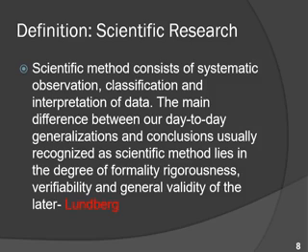If we go by the definition of scientific research, you will find that the scientific method consists of systematic observation, classification, and interpretation of data. The main difference between our day-to-day generalization and conclusions usually recognized as scientific method lies in the degree of formality and rigorousness, verifiability, and general validity of the latter. The scientific method of research differs from the way that we generalize things in our day-to-day life.